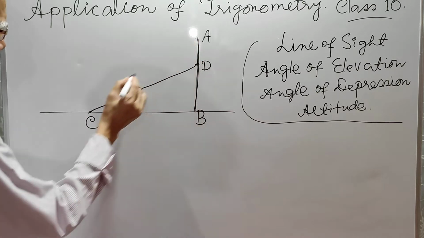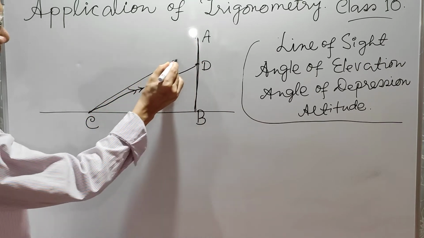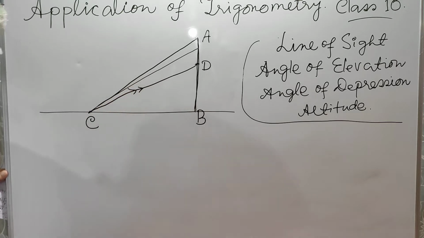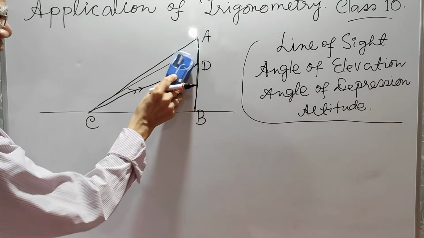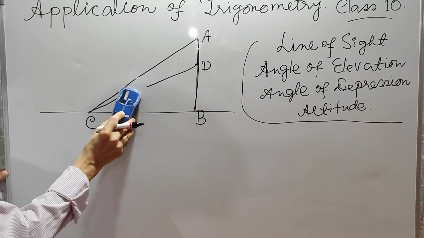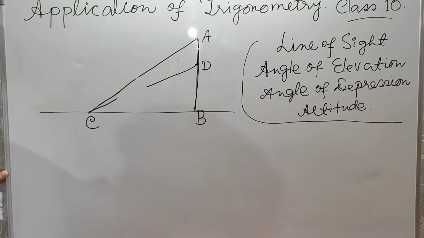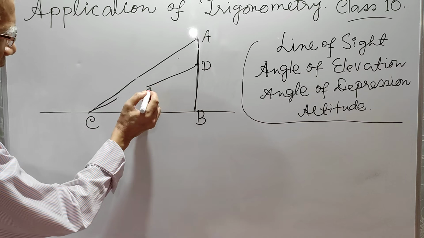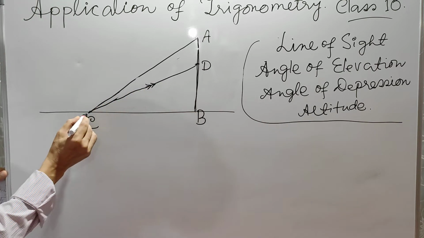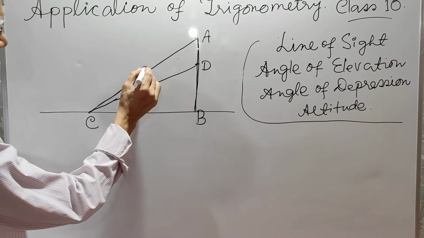Again, he is also looking towards the top of the tower. So there are two lines of sight. When he is looking at D, this is a line of sight, and when he is looking at A, this is a line of sight.